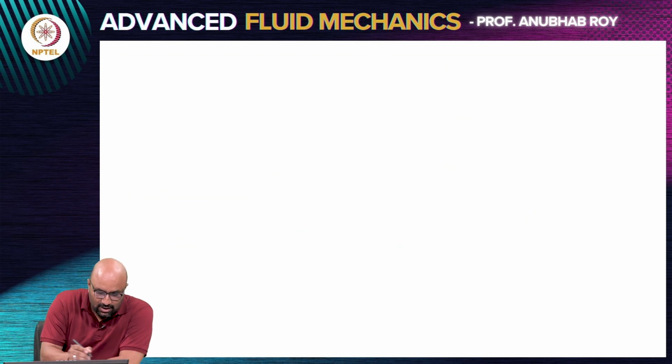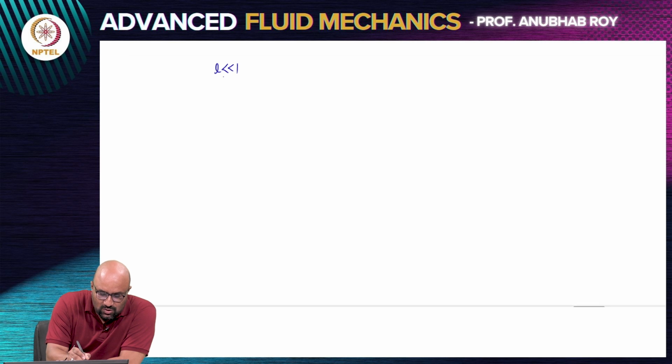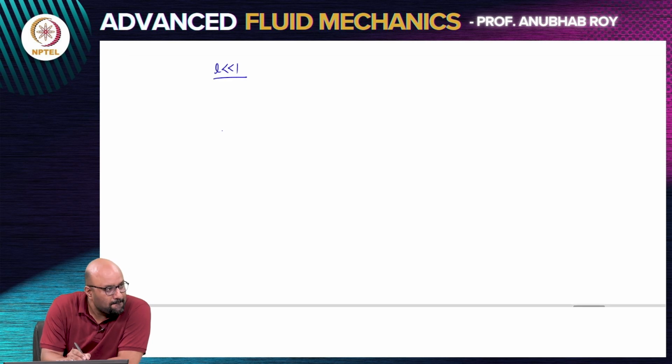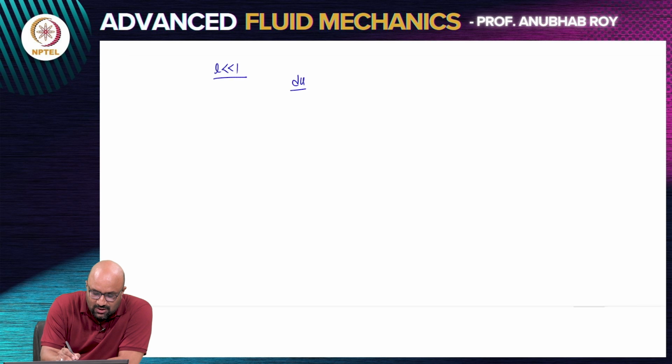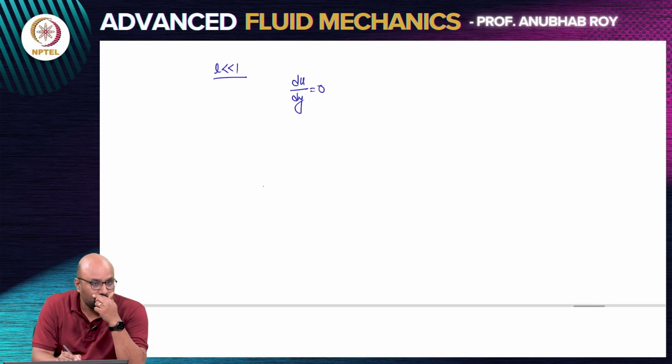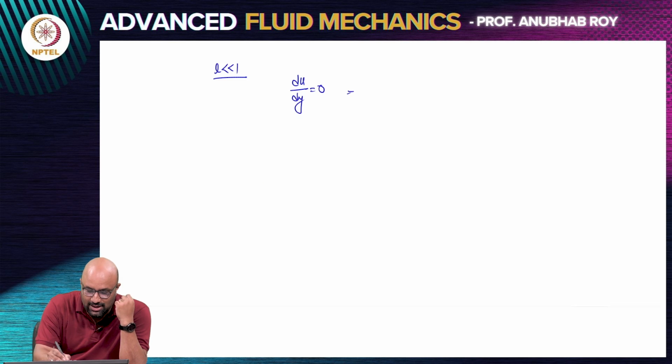So, my temptation is that when L is very small, I can approximate this equation as du/dy is equal to 0, which has a solution that is obviously u is equal to a constant.